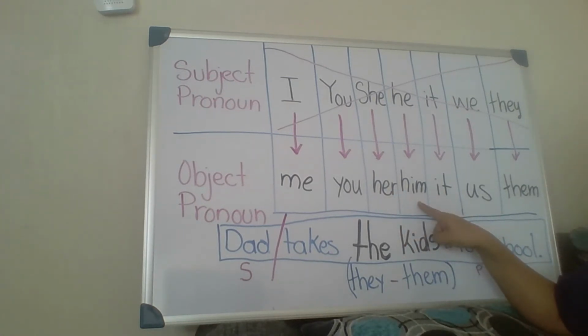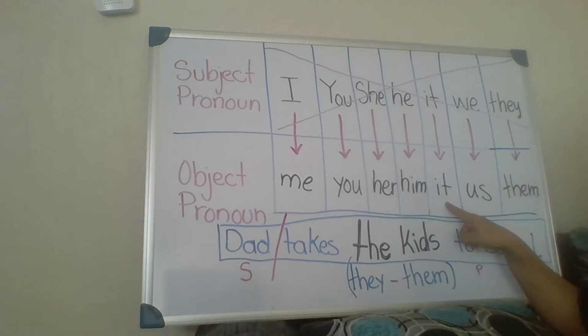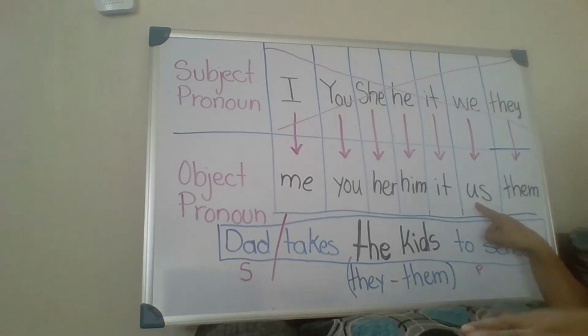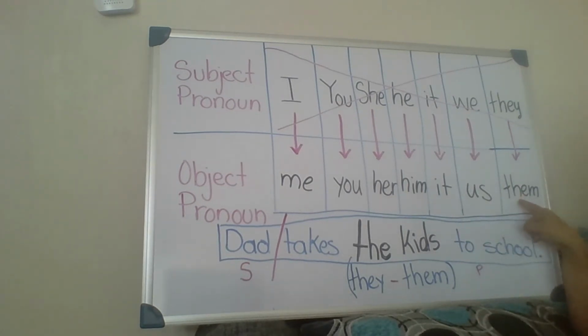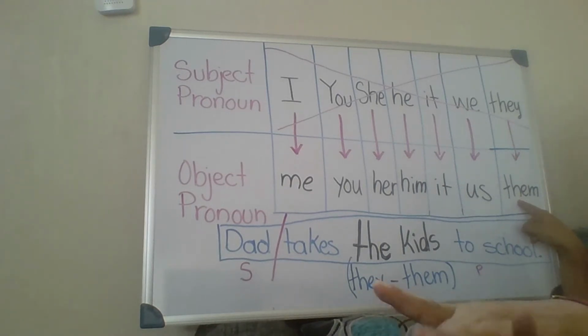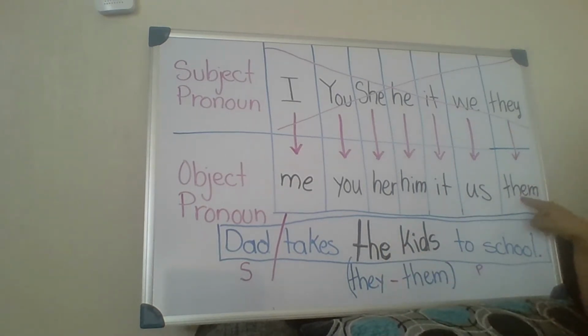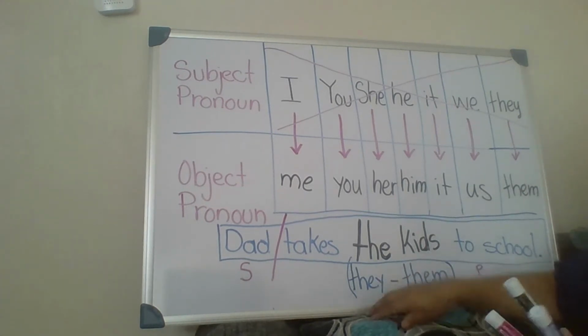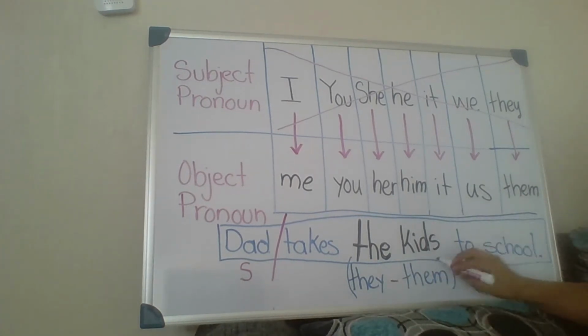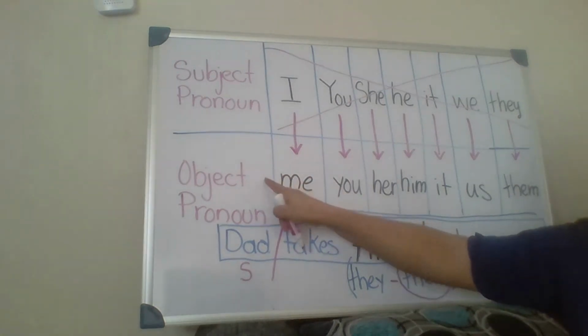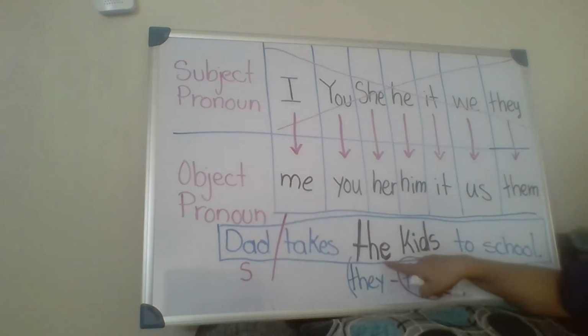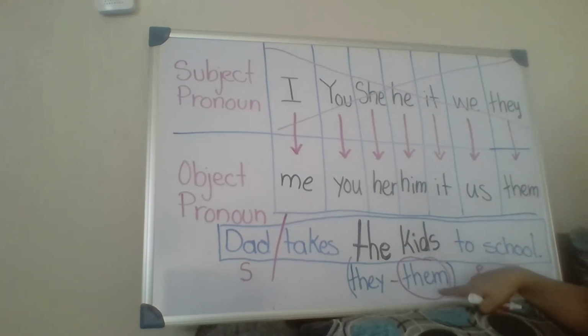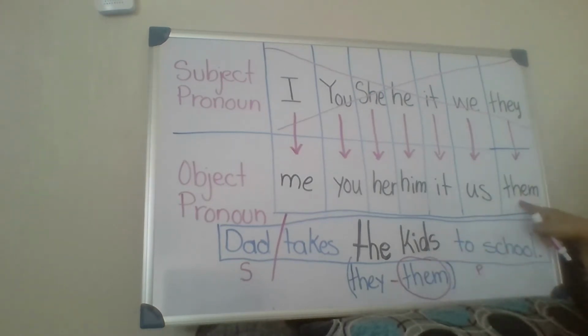A boy? It? A thing? Us? You and I? Or them? Them. So, what you would do is get the correct object pronoun for the kids. Them.